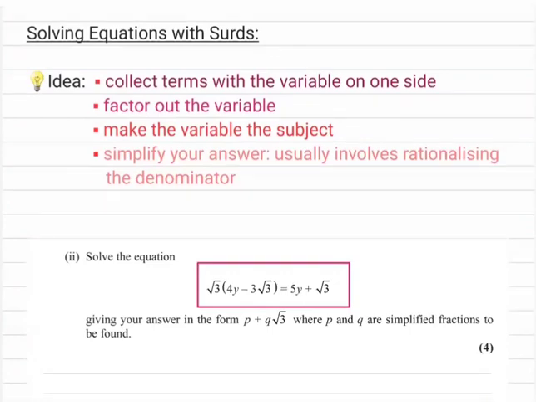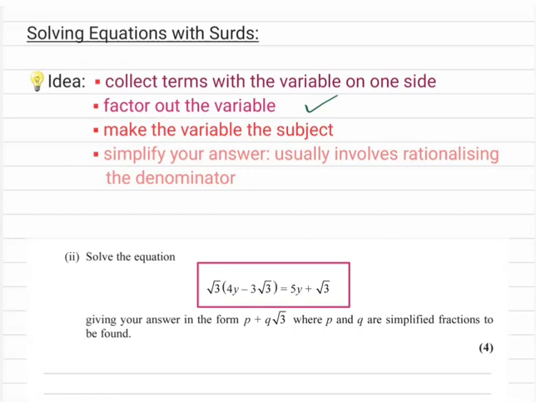To solve equations with surds, the method or the idea would be to collect terms with a variable on one side, right? Ideally, you'd want to make sure you've collected all the terms with the variable to one side. Factor out the variable if need be.